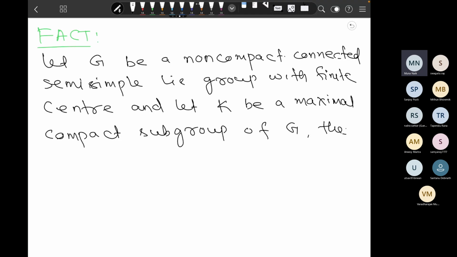Then G mod K is a Riemannian symmetric space of non-compact type.